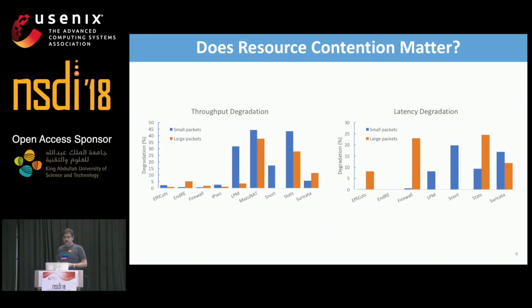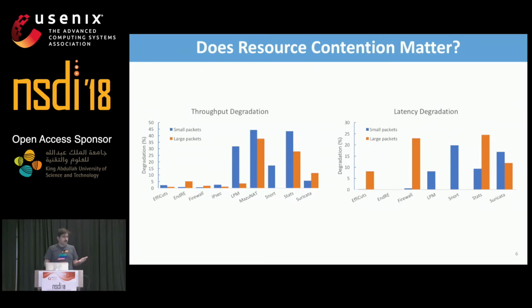This is the result, for both throughput and latency, for traffic consisting of small packets and large packets. For a wide range of network functions, we observe degradation. Some NFs are not sensitive to these resources being shared, so they do not show much degradation, but there are many NFs for which one or more of these metrics start degrading.